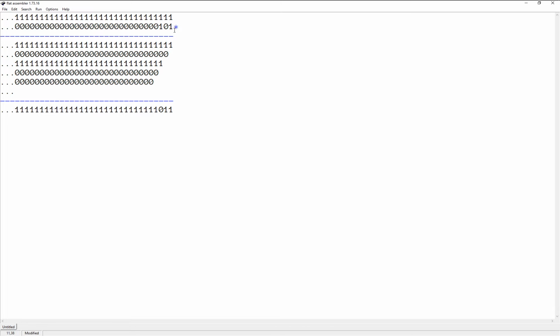And we can also write this second number as a column here, because each row corresponds to a single digit of this second number.